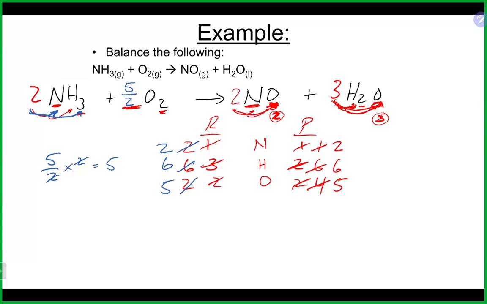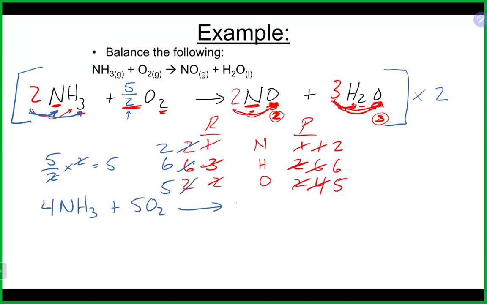So to clear the fraction, we have to multiply not just the fraction, but everybody by the denominator, the number on the bottom. If I multiply this entire equation by 2, which is my denominator over here, I'm going to get 4NH3 plus 5O2 goes to 4NO and 6H2O.